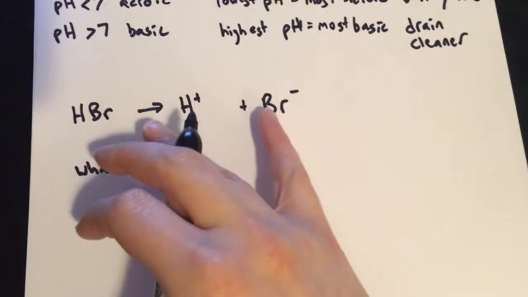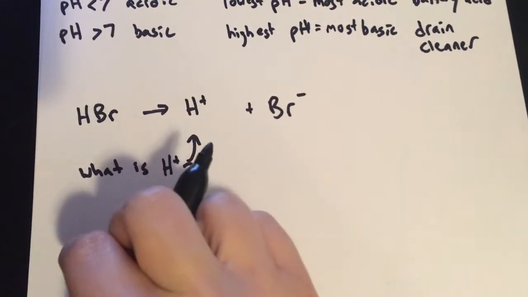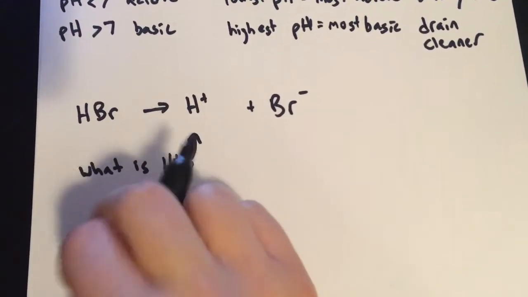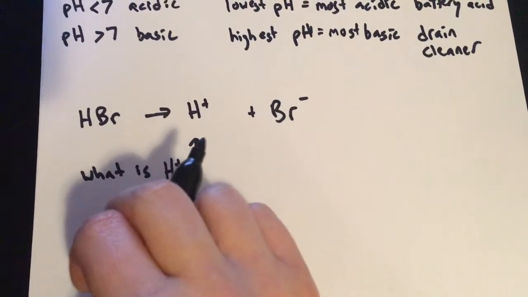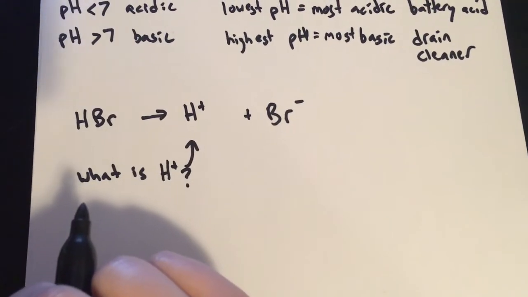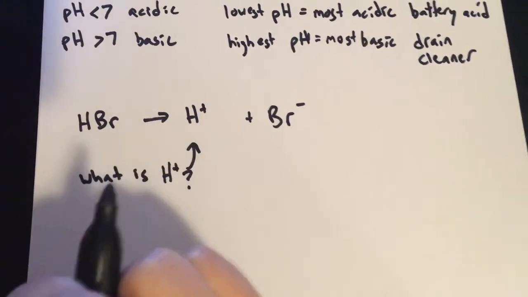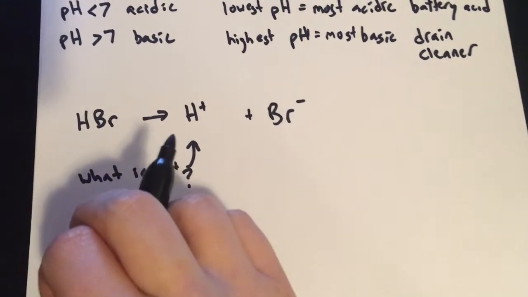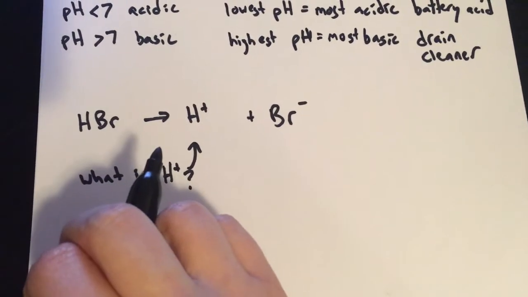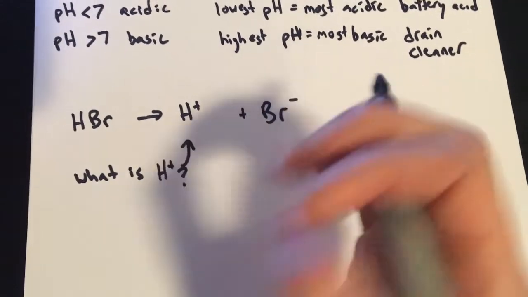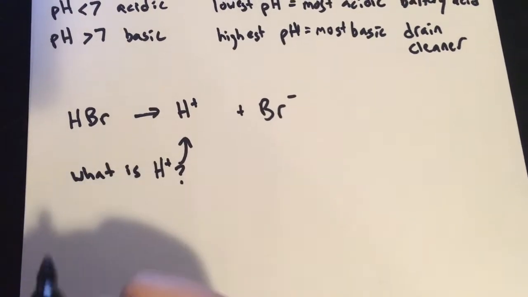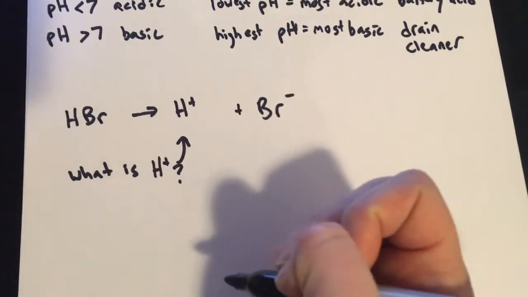So normal hydrogen has 1 proton, 1 electron, and a mass of 1. That's what the periodic table tells us. Well, the number of protons plus the number of neutrons has to equal the mass. And so if the mass is 1 and there's 1 proton, that means there's 0 neutrons.